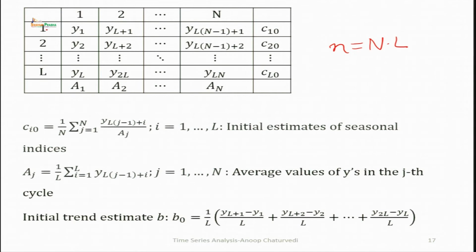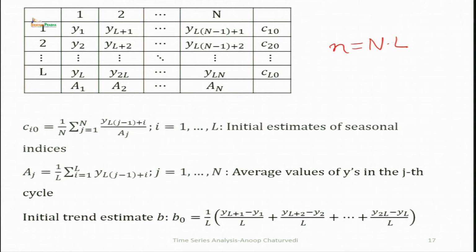Here you have different periods of seasonality. Suppose you have quarterly data, then capital L is equal to 4 and you have 1, 2, 3, 4 here. If you have monthly data, your seasonality is monthly, then you have 12 months here, and capital N is the number of cycles which you have.